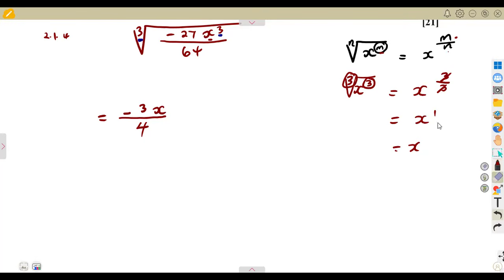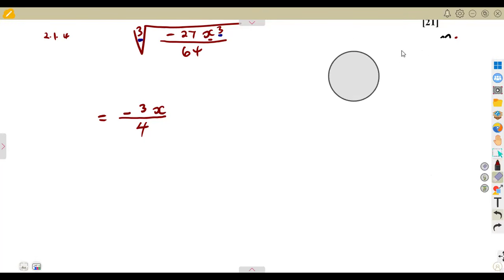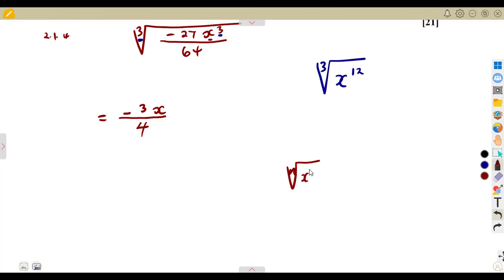What am I trying to say? I'm trying to say that the cube root of x to the exponent of 12, from the law that we had, that is the nth root of x to the exponent of m, which is x to the exponent of m over n.